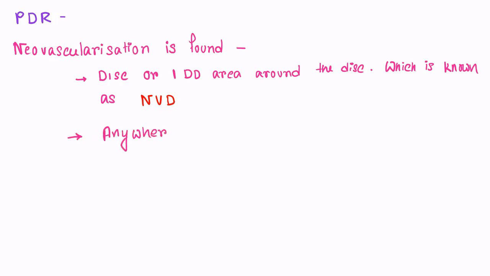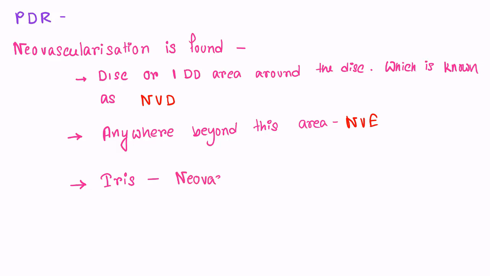Anywhere beyond this area comes under NVE, which is known as neovascularization elsewhere. New vessel formation also occurs in iris, which results in neovascular glaucoma.